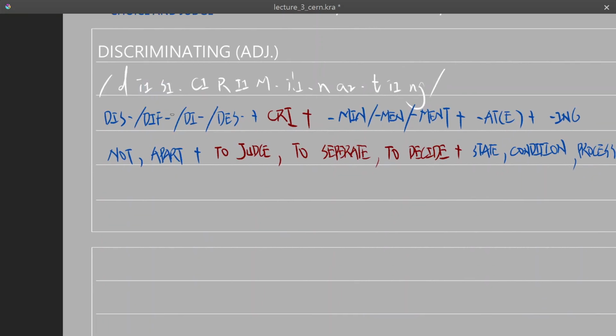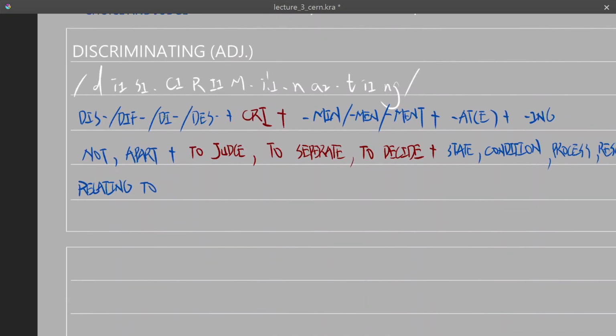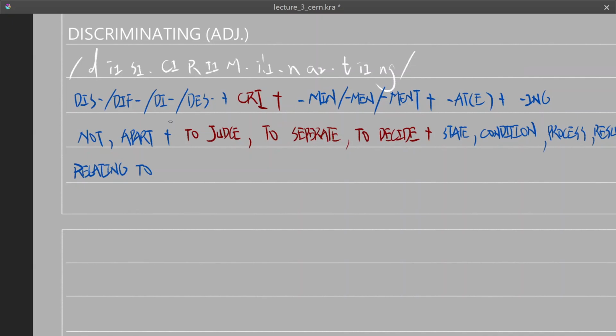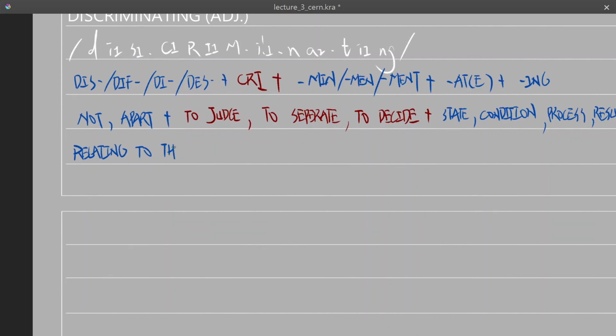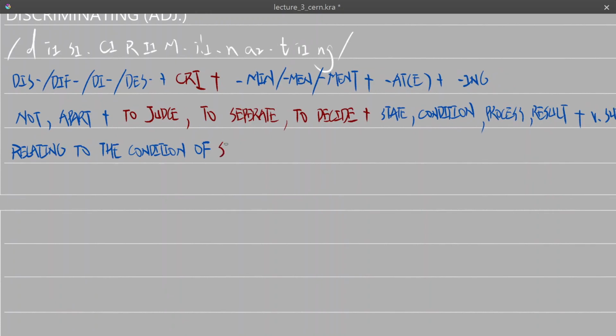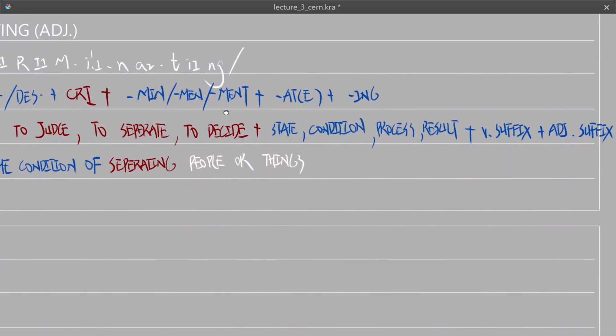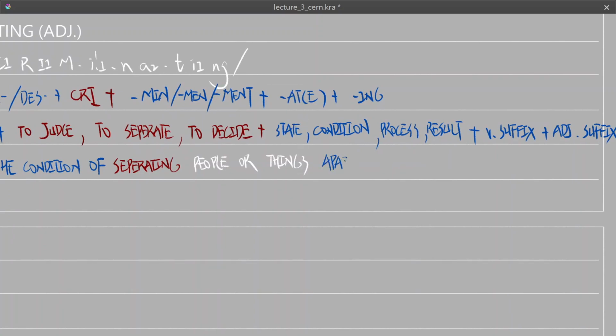So discriminating literally means relating to the condition of separating people or things apart by intellect.